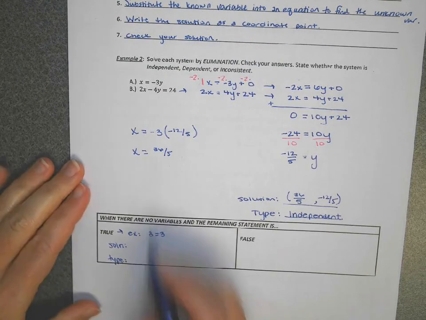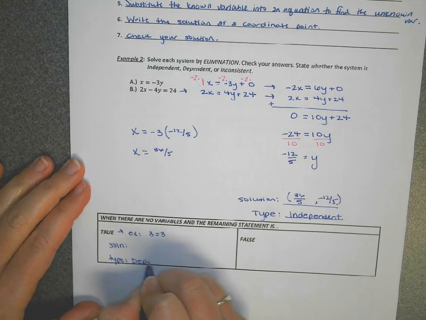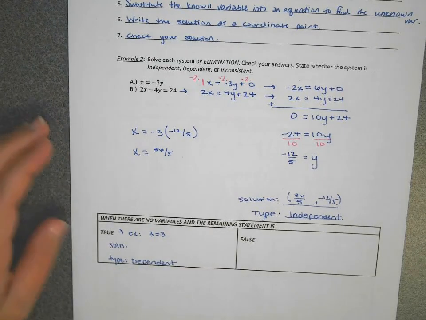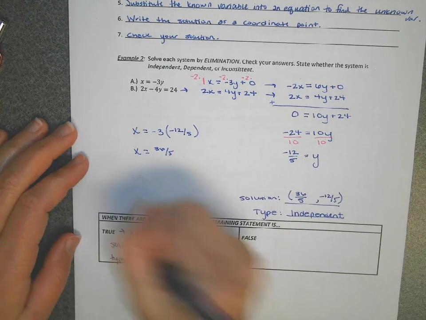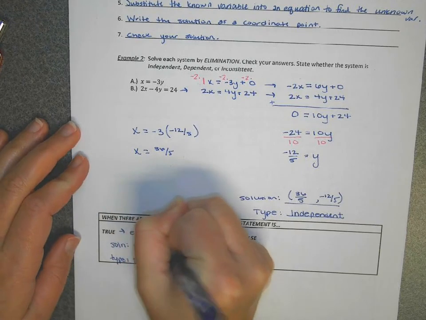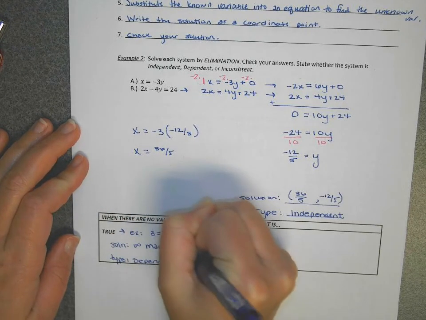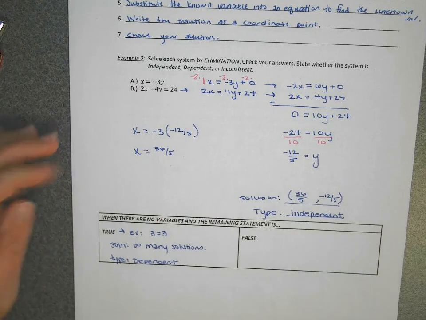It is dependent, that's your type. What is the solution now? And notice this is no different than what we did on the front page. So what's your solution going to be? Infinitely many solutions. Okay, that's the way I have to write it.